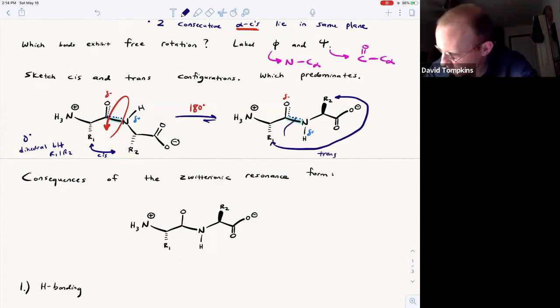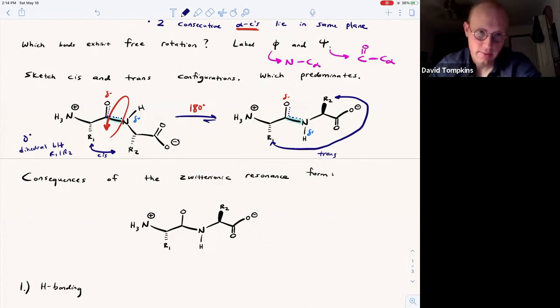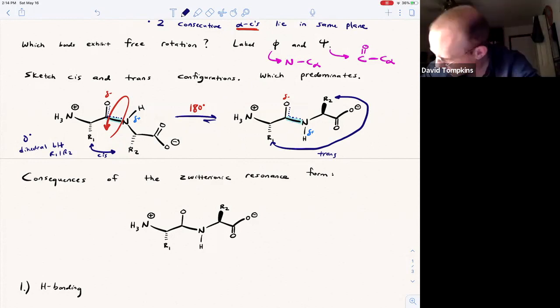In other words, you have to cross the peptide bond to go from one alpha carbon to the next. So those have a 180-degree dihedral angle.